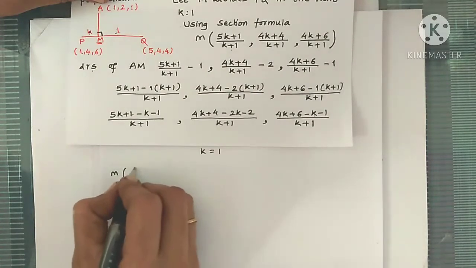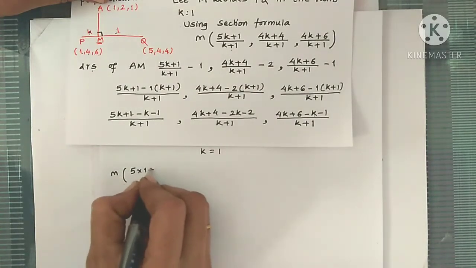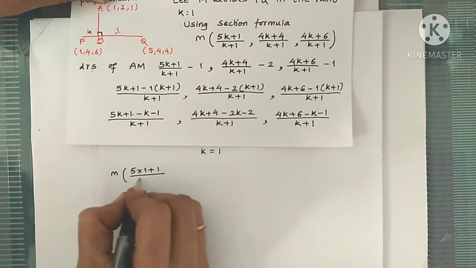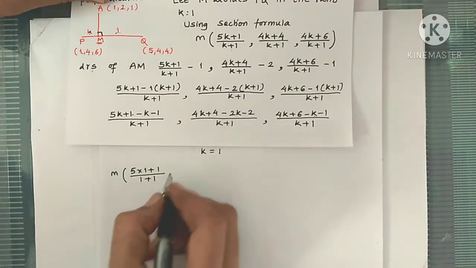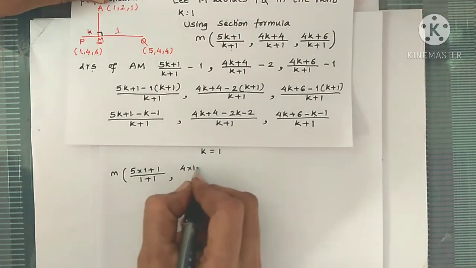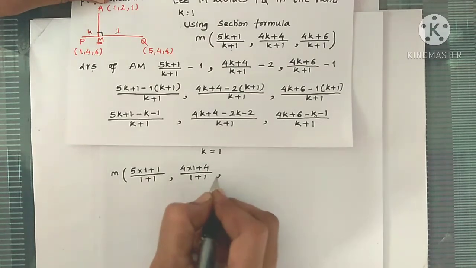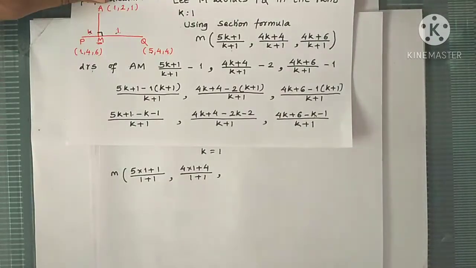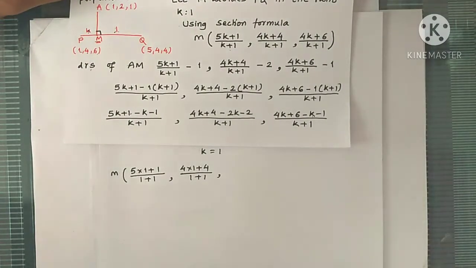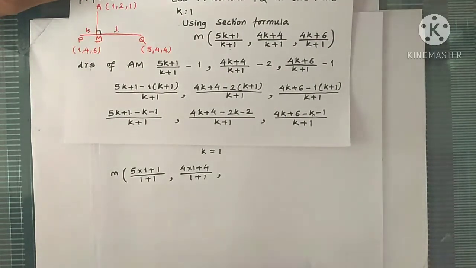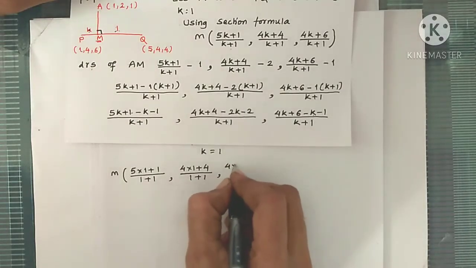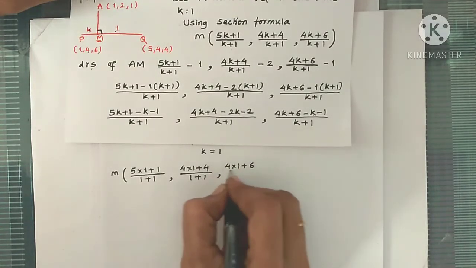So M is 5 into 1 plus 1 upon 1 plus 1, 4 into 1 plus 4 upon 1 plus 1, and 4 into 1 plus 6 upon 1 plus 1. I am here writing k equal to 1, but basically it is the midpoint, so we can use the midpoint formula also.